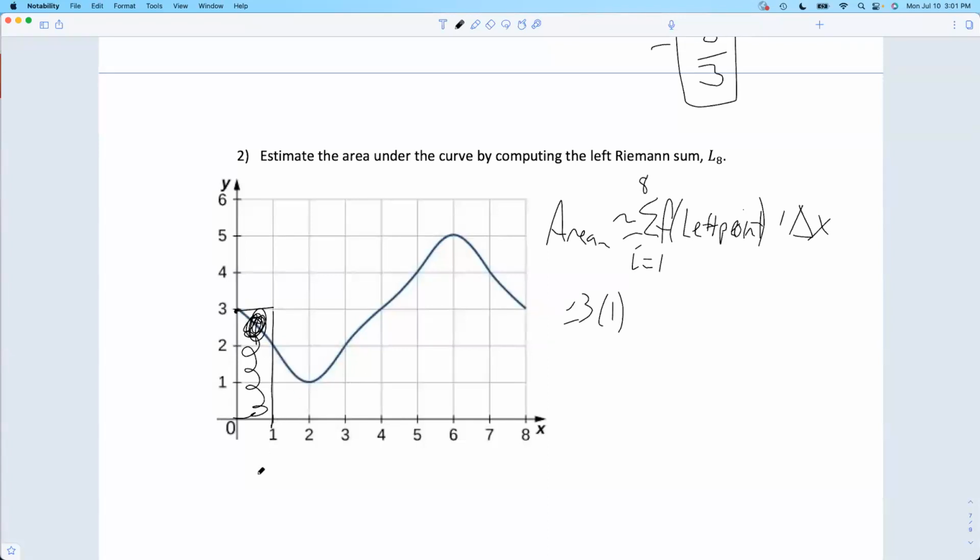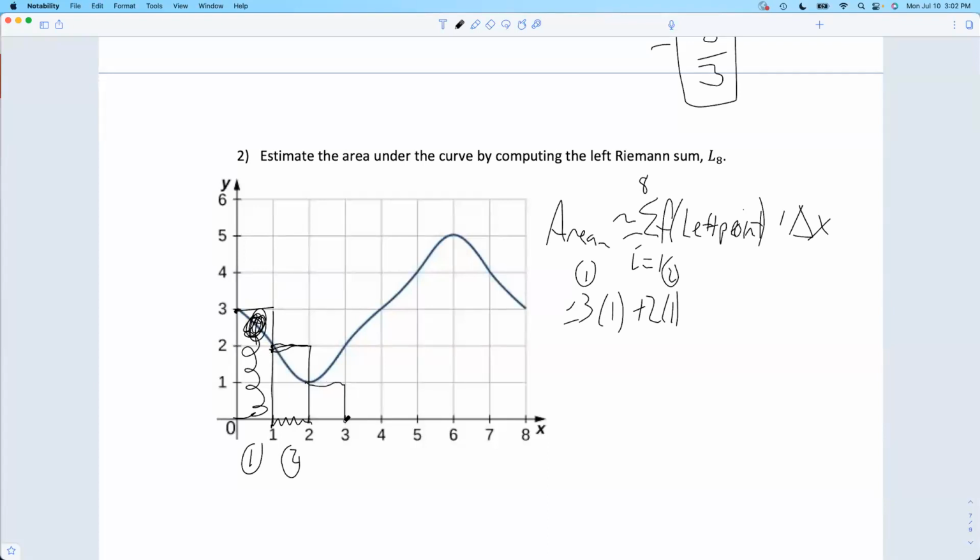Plus, now I'm at this point. So that was number 1. Number 2, this region here. I'm looking at these x values. I'm going to use the left side as the height of my rectangle. And literally, we could just count squares here. How many squares do I have? 1, 2. That'd be 2 times 1. That was number 2. And I'm just going to keep going like this.